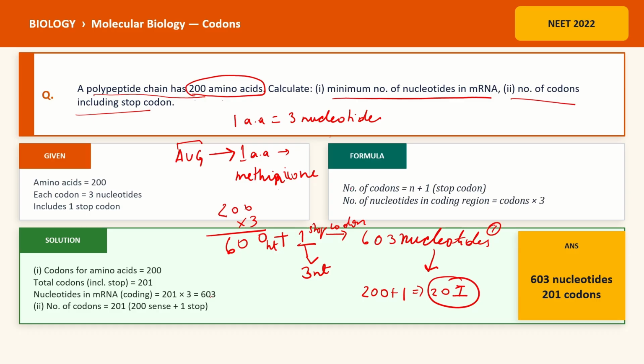We have 603 nucleotides in total, so we can divide it by 3 because one codon is made up of 3 nucleotides. Now when I divide this, it becomes 201 codons, right? So here we are dividing it by 3. So we get 201 codons. It is as simple as that.